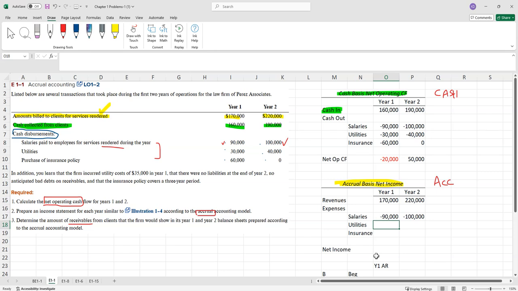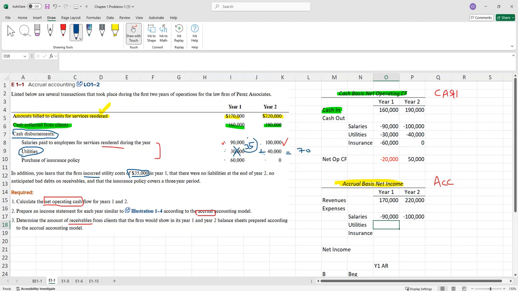In any event, that was salaries, easy enough. The utilities, we have to read a little bit more. They tell us here's the utilities. We incurred 35 in year one, but we do know in total there were 70, if you look at the 30 and the 40.